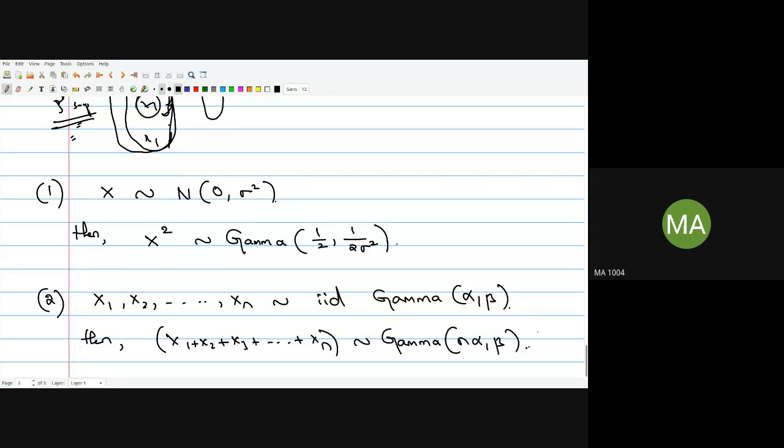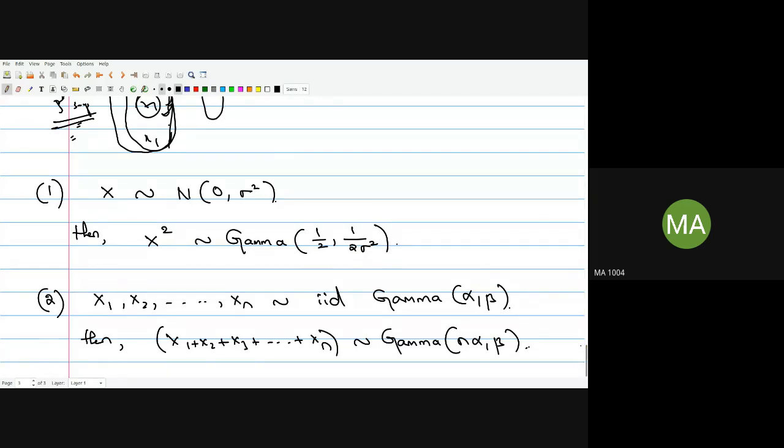Just check the correctness. N alpha beta is what I hope.